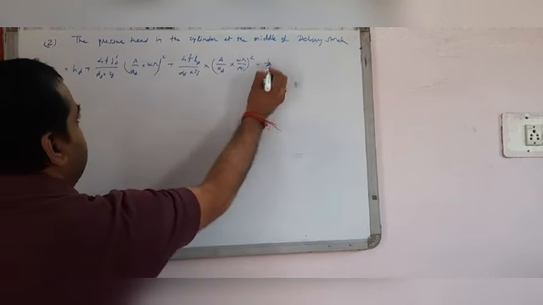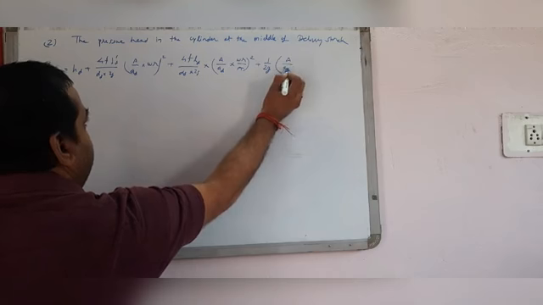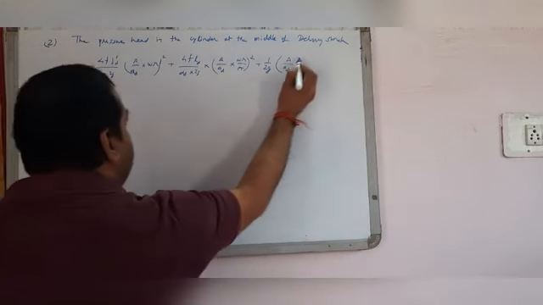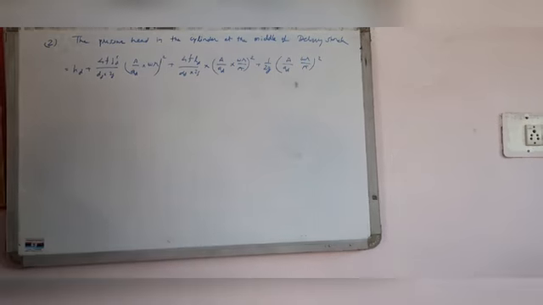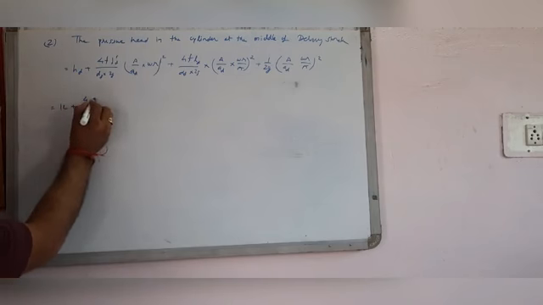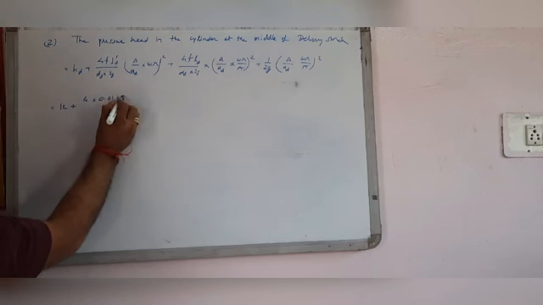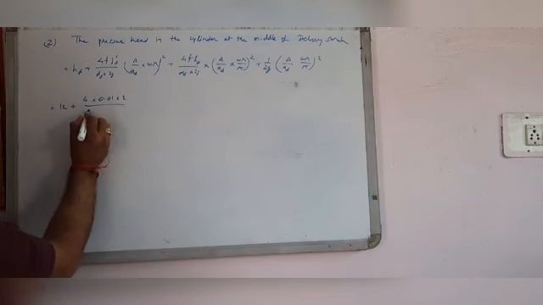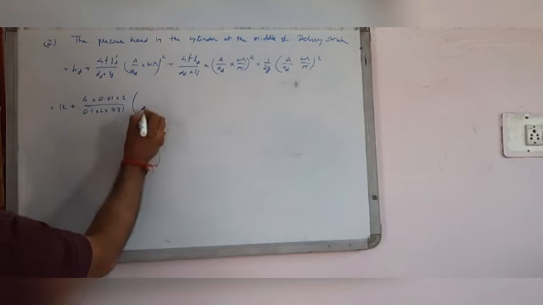plus 1 by 2g into A by AD into omega R by pi whole square. Here putting the values, HD is 12 plus 4 into 0.01 into 2 by 0.1 into 2 into 9.81.